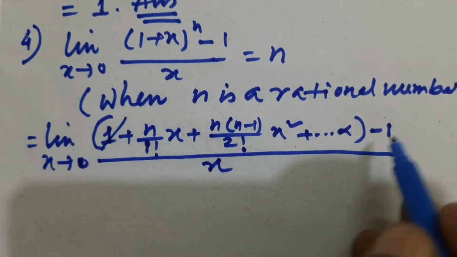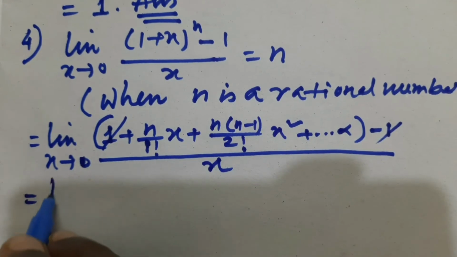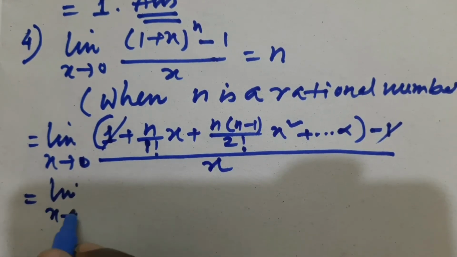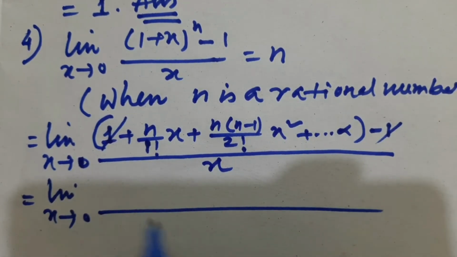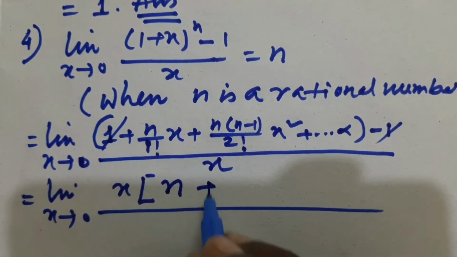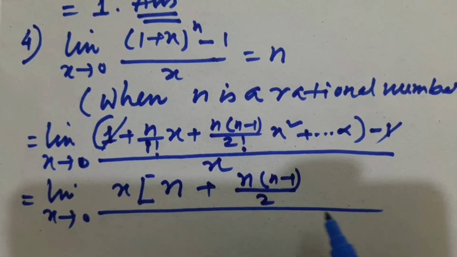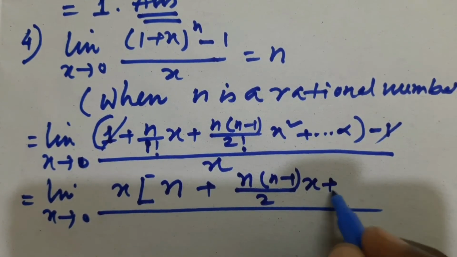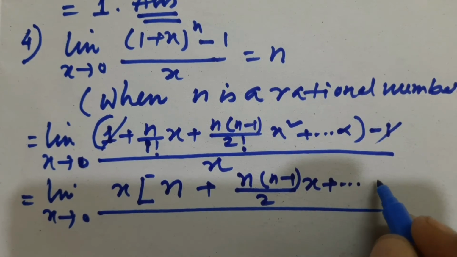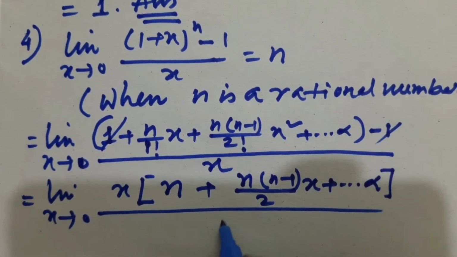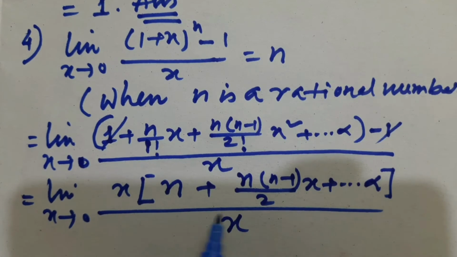Okay, now 1 is cancelled, so now limit x tends to 0, then we take common x, then here n into n minus 1 by 2 into x and dot dot dot. Okay, see in this expansion except the first term, all the remaining terms contain x.